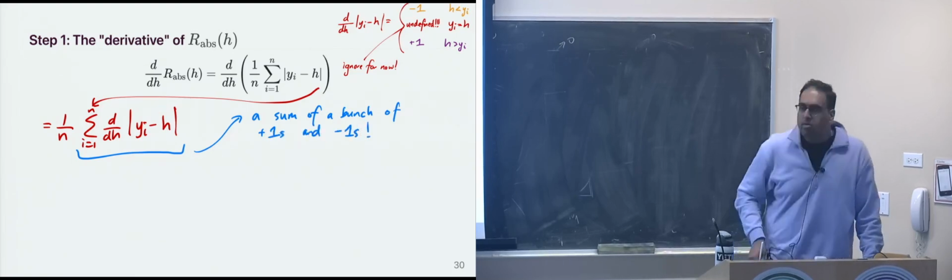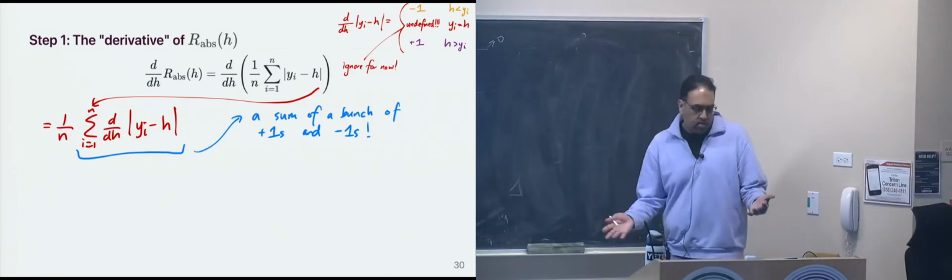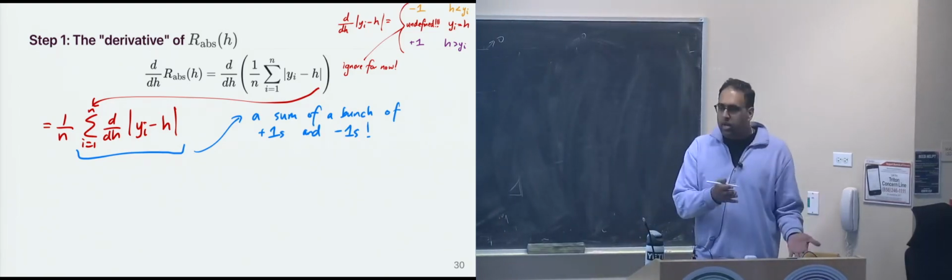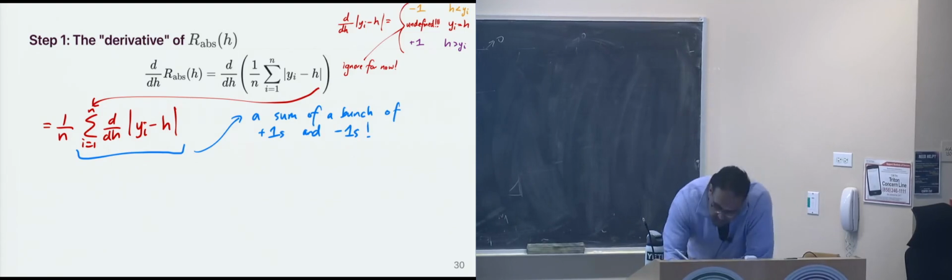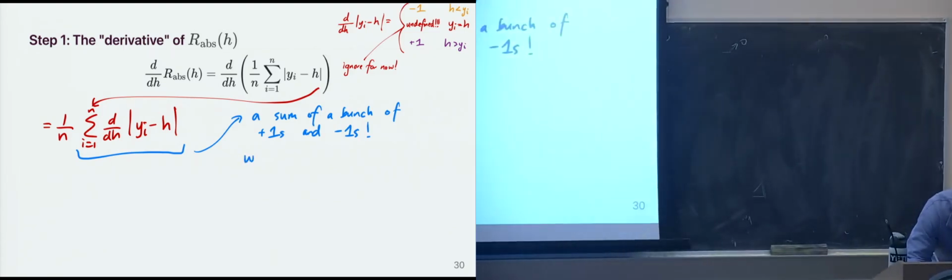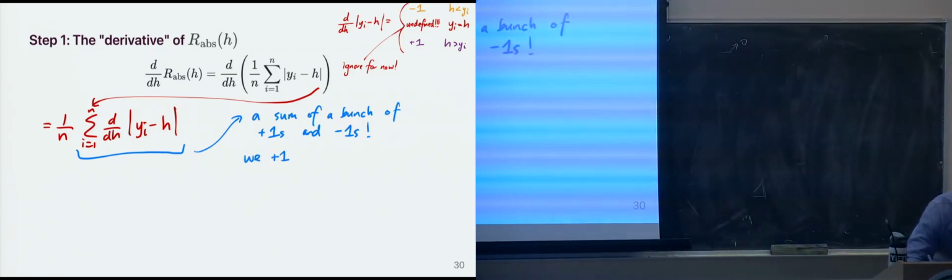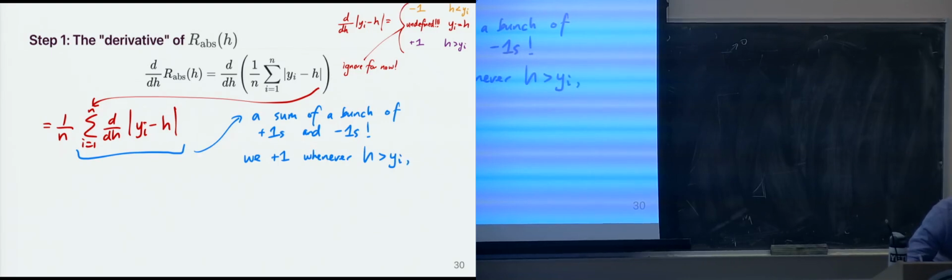How many total numbers are we adding? N. Some of them are 1, the rest are all -1. Okay? We're adding 1 whenever the input h is greater than yi, and we subtract 1 whenever h is less than yi. Okay?